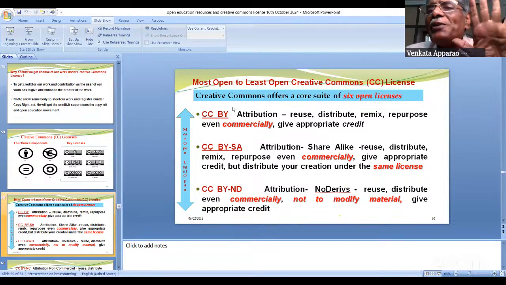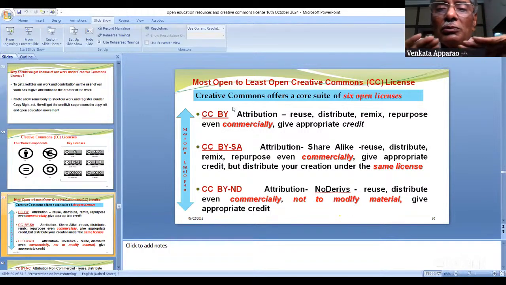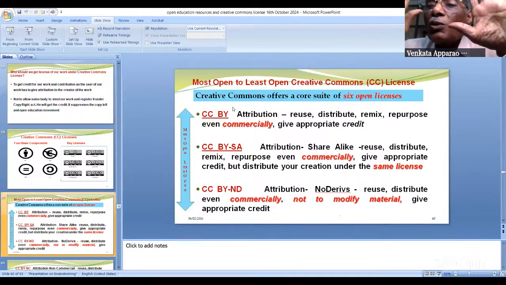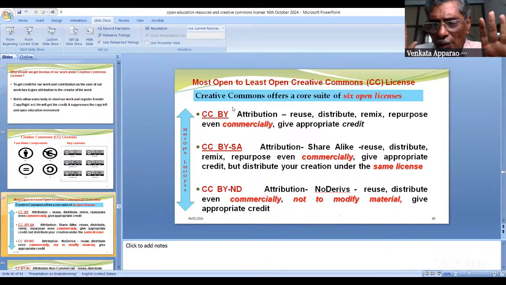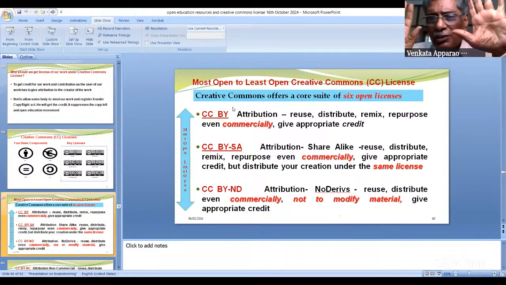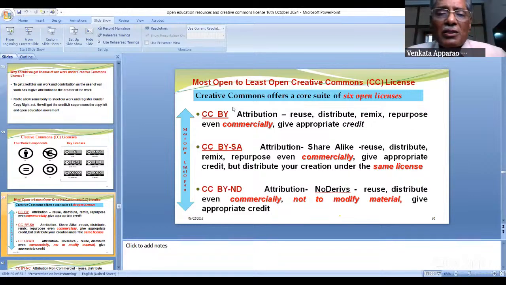CC means Creative Commons. BY means you can reuse, distribute, remix, repurpose, even commercially. Only thing is give appropriate credit. That's all. Under Creative Commons, 6 licenses are there. This is the most open license.